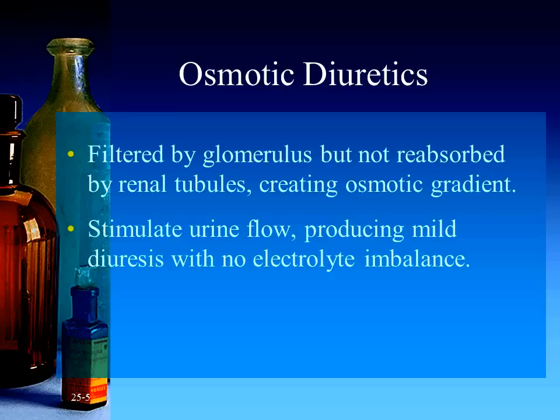Now what happens is these compounds go across the glomerulus, but once they're in there, they're trapped and they can't come back out through the renal tubules. As a result, they carry with them the water that they have attracted, and so the water and the compound is then excreted through the urine.